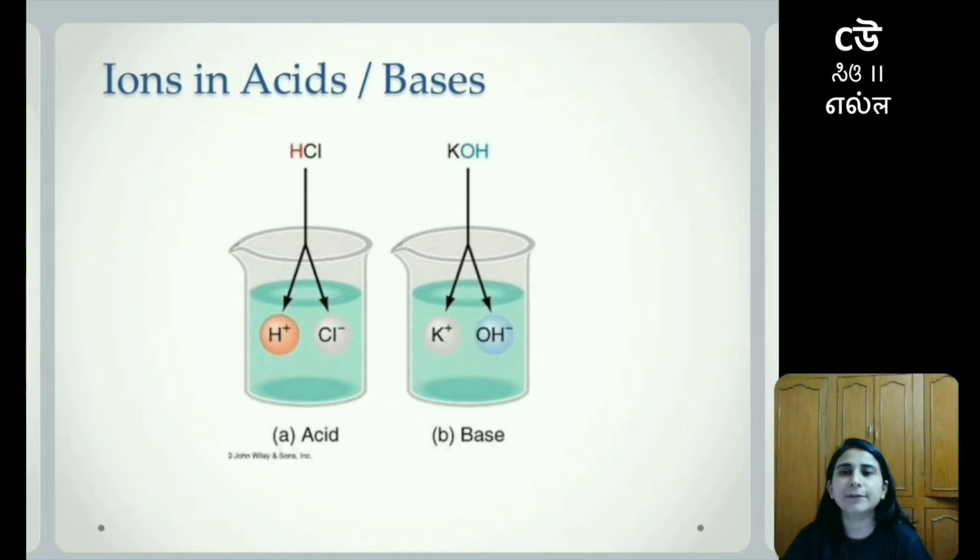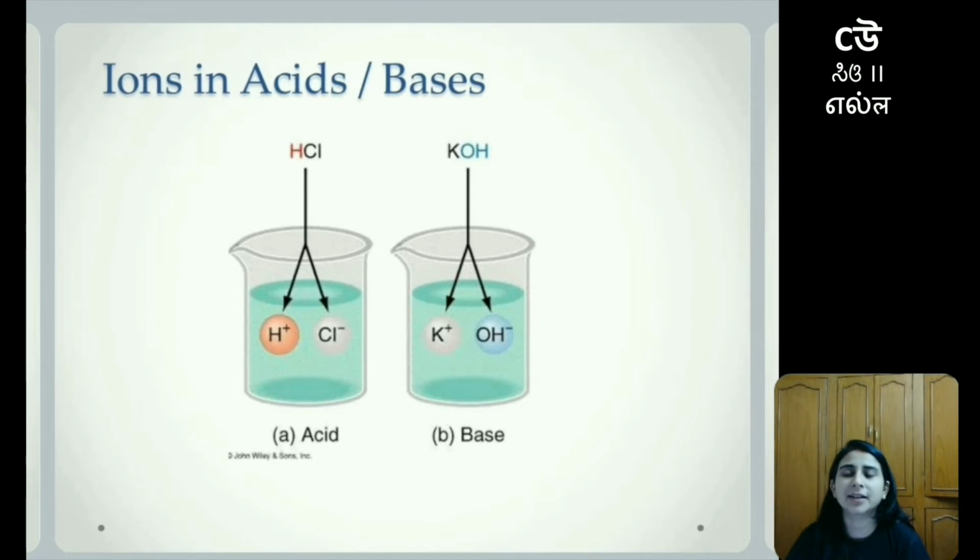यहाँ पर if we are dissolving hydrogen chloride, or we can say hydrochloric acid, in water, it will break, and then depending upon the fact that hydrogen carries positive charge and chlorine carries negative charge, we will get H plus and Cl negative ions in water.